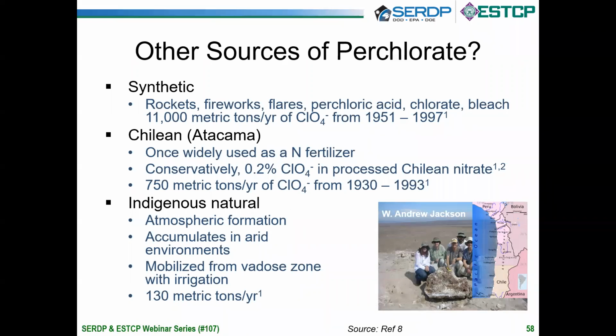Now, the third source of this is what we'll call indigenous natural perchlorate. Perchlorate forms in the atmosphere all the time. But when you get dry environments like the Southwest, Western United States, Death Valley, areas of California, it accumulates in the vadose zone, kind of like the Atacama, but at a much lower rate. However, as we go to large-scale agriculture, we start growing cotton in the high plains of West Texas.